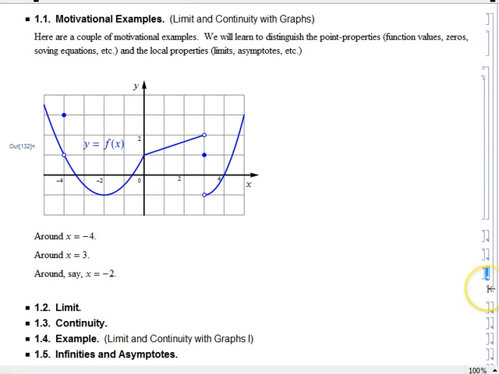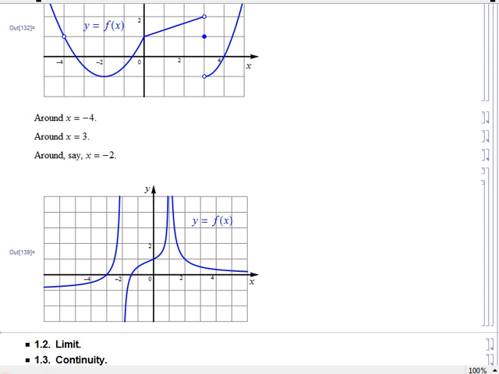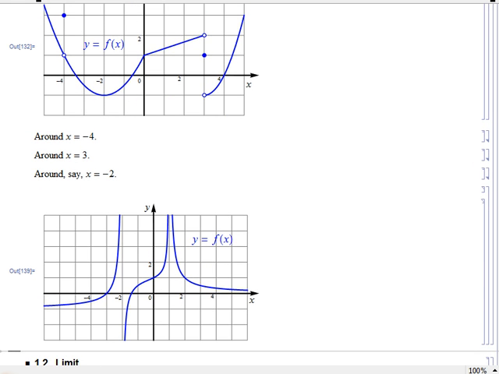Here is another motivational example. This one deals with some asymptotes. We can consider same kind of local behavior when x is approaching a certain number. I hope everybody can see that there are two very interesting x values, -2 and +1. And to which y-coordinate values does the graph get closer and closer and closer?